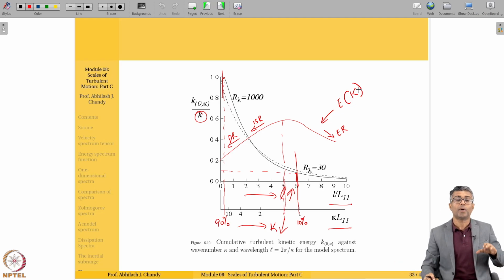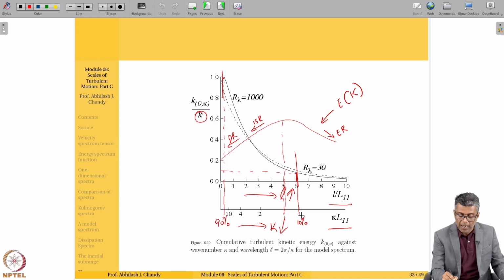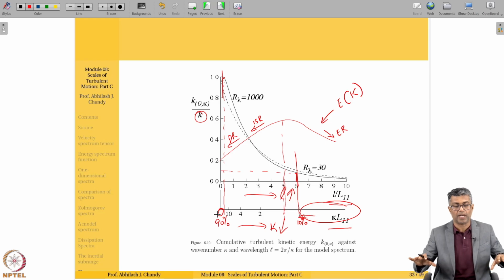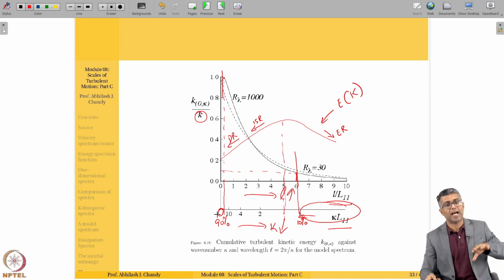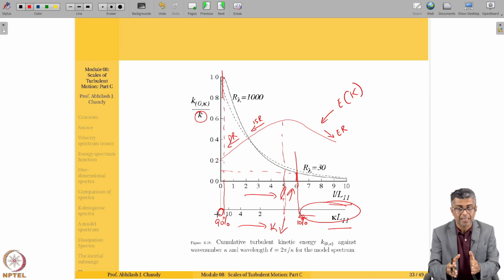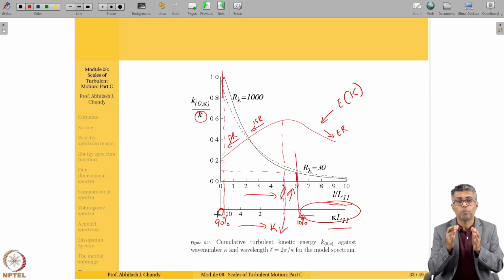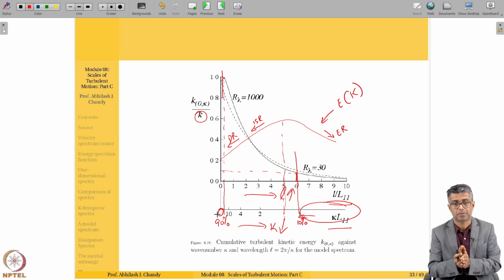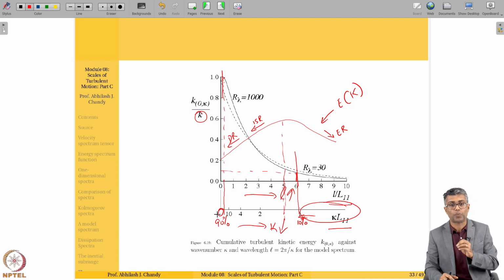So if we ignore 20% of the energy, 10% on extremely high wave numbers and 10% on extremely low wave numbers, so less than 1, for example, then if you can get these wave numbers right, you can account for most of the energy, 80% of the energy to be precise. So that 80% of the energy is what we are after.